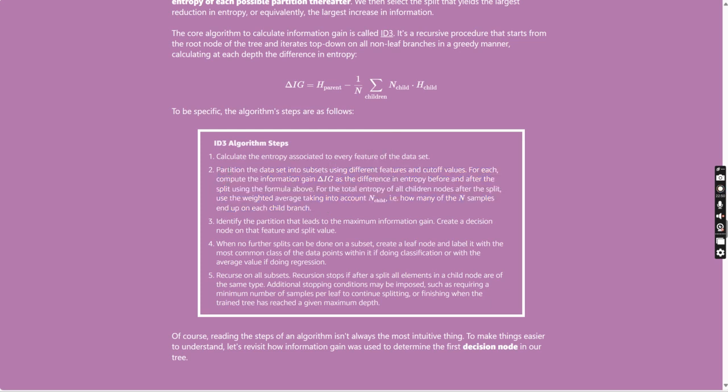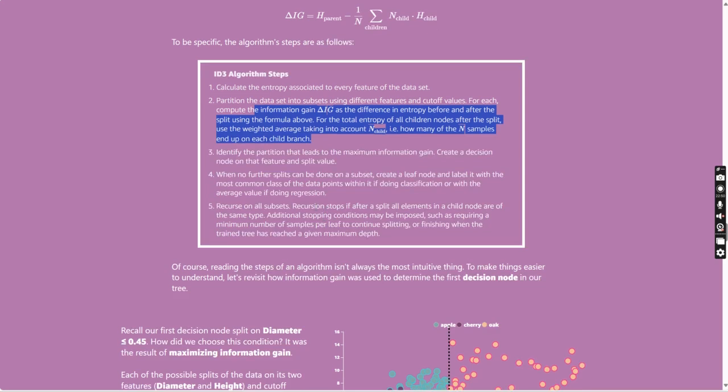For the second step, the data is split such that the information gain is maximized and entropy is minimized, and the total entropy of the child nodes is calculated again, and we want that entropy to be as low as possible. For whatever the n samples are there, it's calculated. We take the weighted average, by the way.